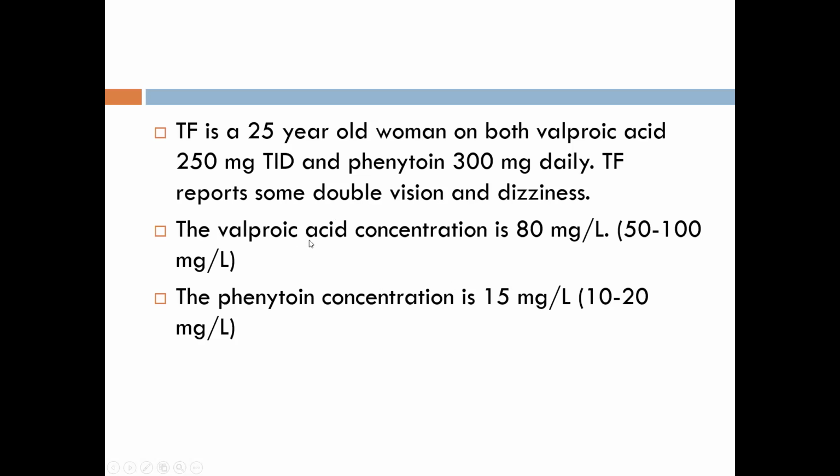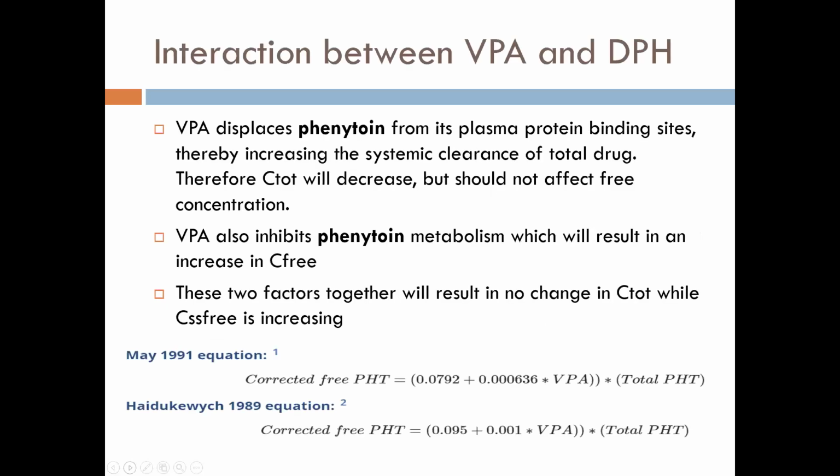But again, if valproic acid is displacing the phenytoin from its protein binding sites, and I think it induces the enzymes that cleared phenytoin, we could be seeing this is not truly what the total concentration is. So we do have a calculator for that.